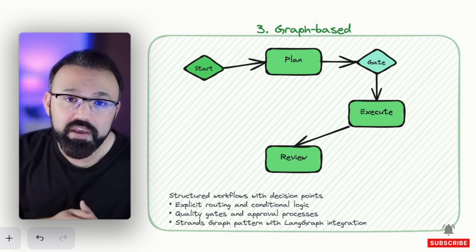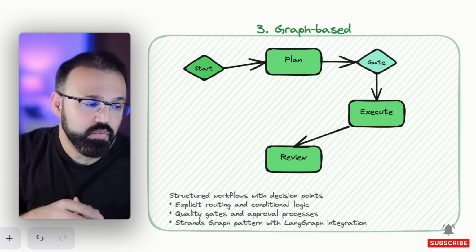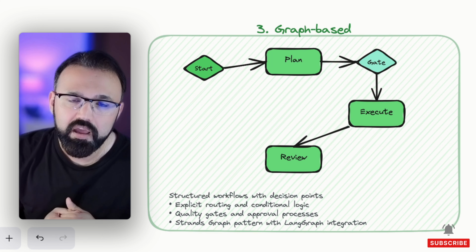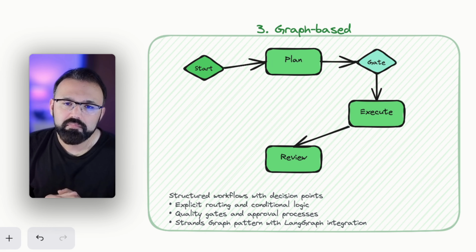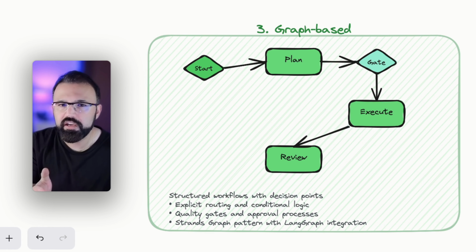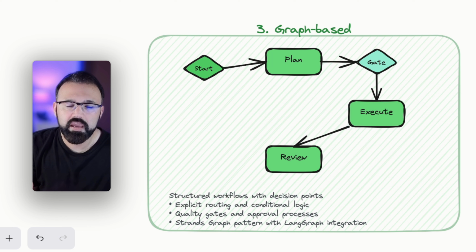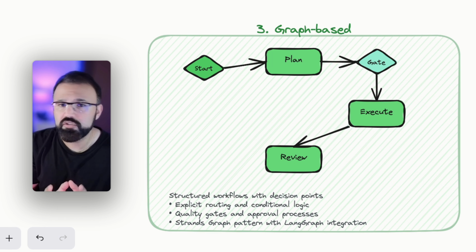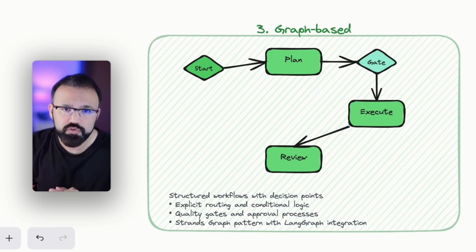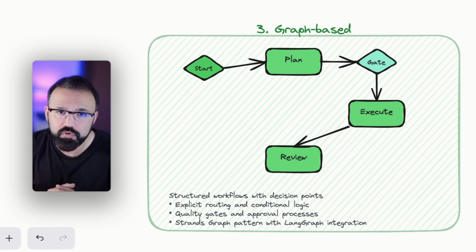With graph-based, you have more control. That's where a lot of people are using it to create these different complex orchestrations. You can create quality gates based on some conditions and when to call the other agent. So it's very powerful, and you can build complex orchestration scenarios using the graph-based approach.